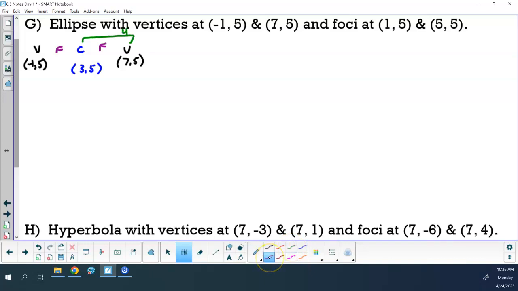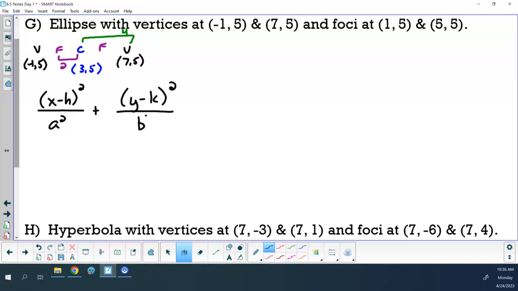This distance here is 2. The general form of an ellipse is going to be x minus h quantity squared all over a squared plus y minus k quantity squared all over b squared equals 1.